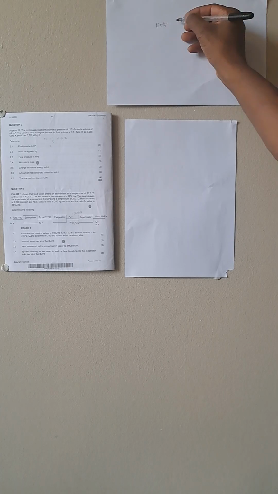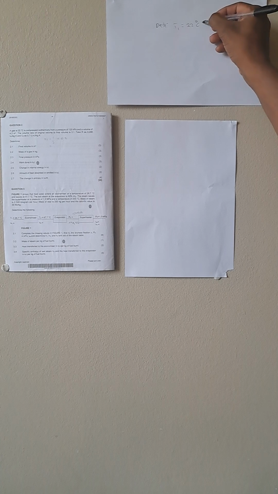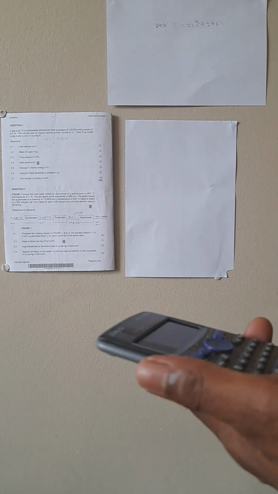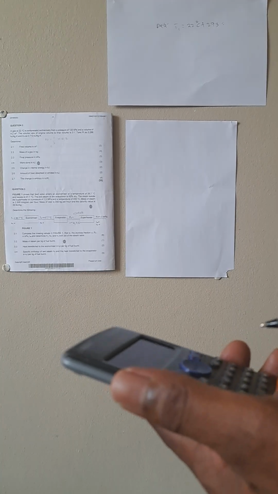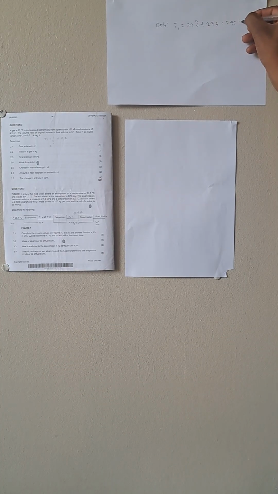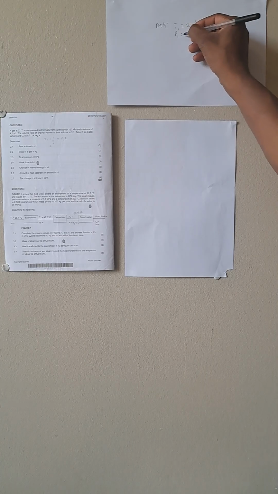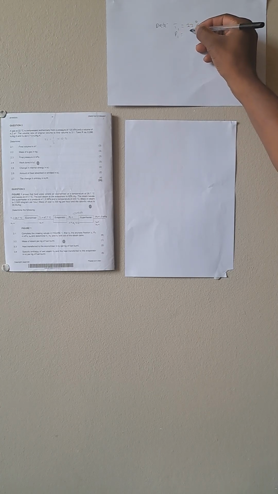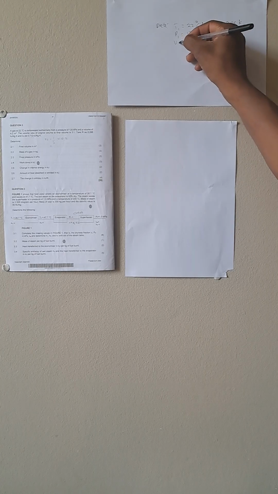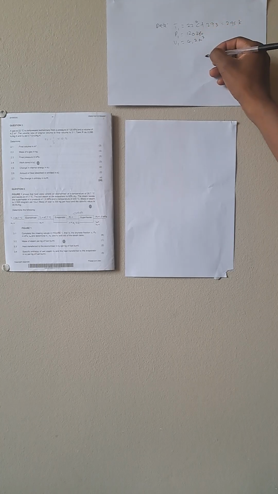So our data: we have our T1, which is 22 degrees Celsius. Don't forget, we need to change it to Kelvin, so we add 273. 22 plus 273 gives us 295 Kelvin. We are also given our P1, which is 120 kilopascal, and our V1 as 4.2 cubic meters.